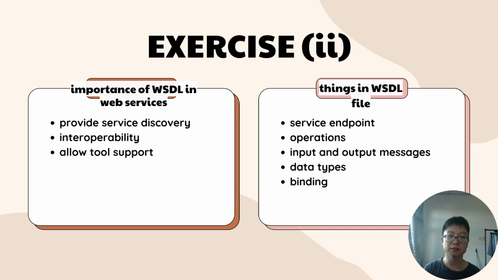Fifth is binding. WSDL describes the binding, which specifies the protocol and message format used for communication with the service. It includes details such as transport protocol, HTTP and SOAP, and encoding, XML and JSON. Understanding the binding information is crucial for configuring the client to communicate with the service correctly.